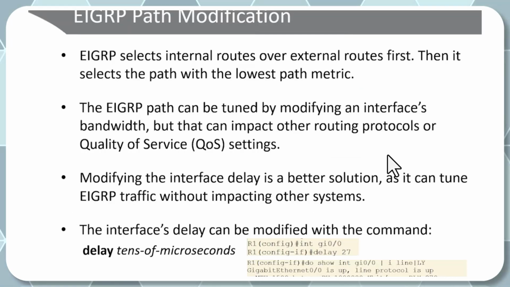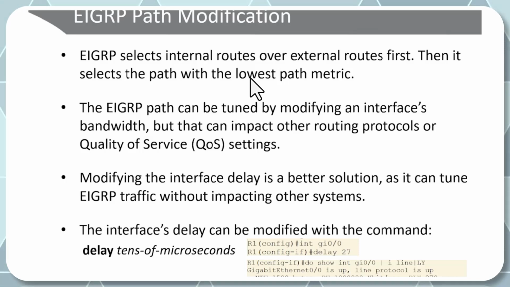Now let us move down. EIGRP path modification. EIGRP selects internal routes over external routes first, so it gives preference to internal routes. Then it selects the path with the lowest path metric.